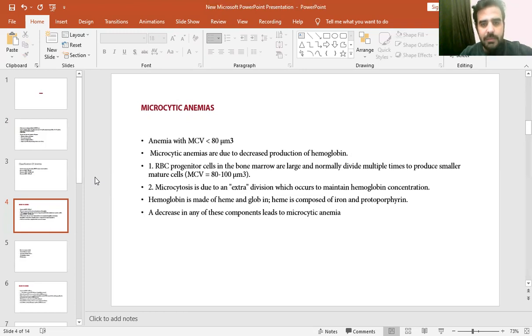So the basic cause of microcytic anemia is decreased production of hemoglobin, which causes extra division to maintain hemoglobin concentration. If there is a decrement in the components which make up hemoglobin, a person will suffer from microcytic anemia.